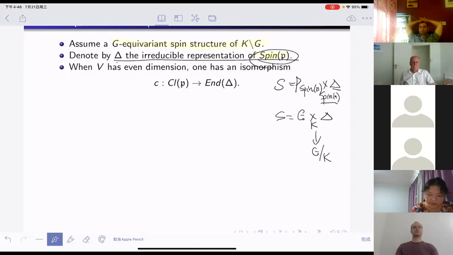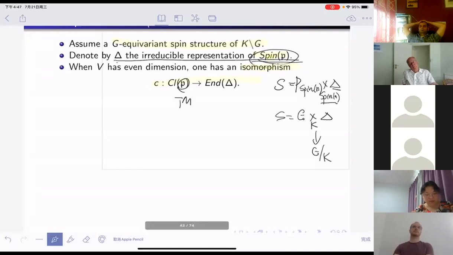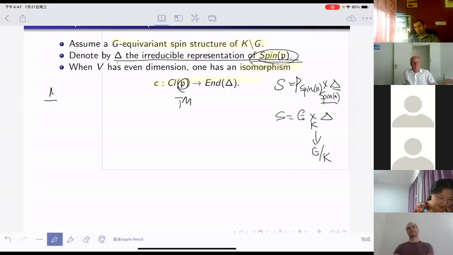And with this representation, one can also obtain an isomorphism given by the Clifford algebra multiplication. So this P is playing the role of Tm previously, because M here is a homogeneous space.